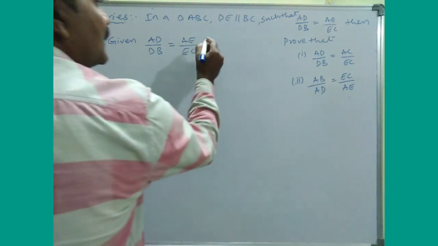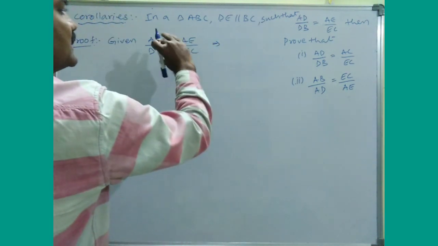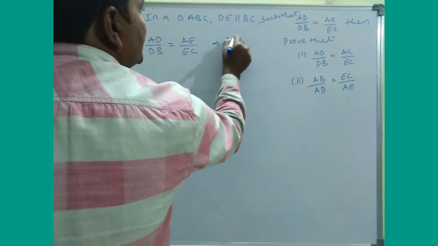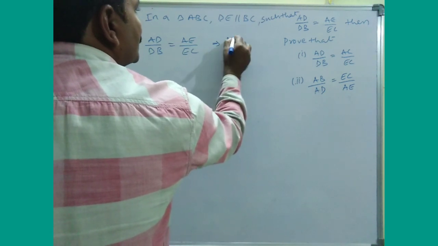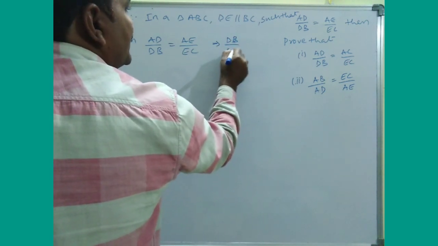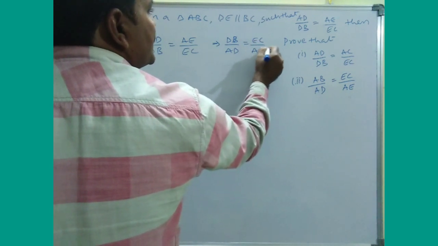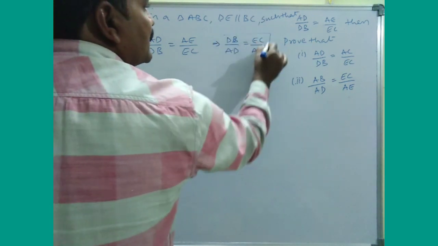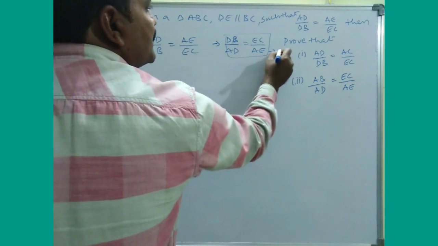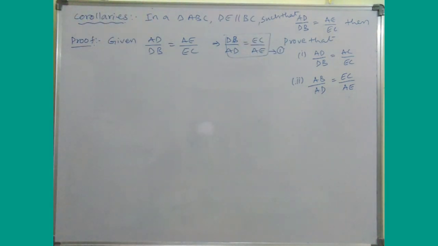So from this, the reciprocal, DB by AD, can be written as EC by AE, isn't it? Let it be condition number 1. I just took the reciprocal.